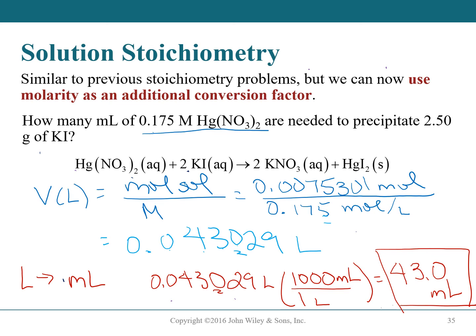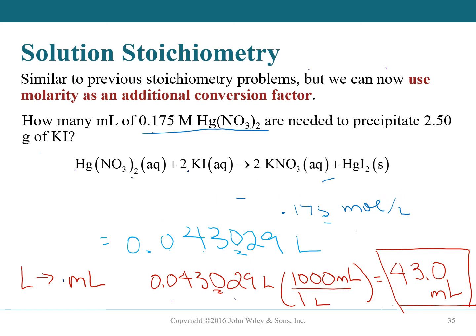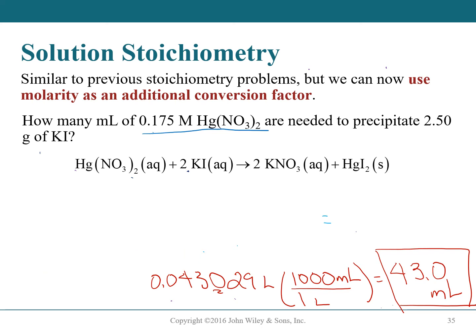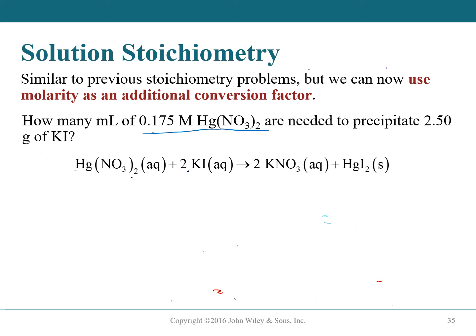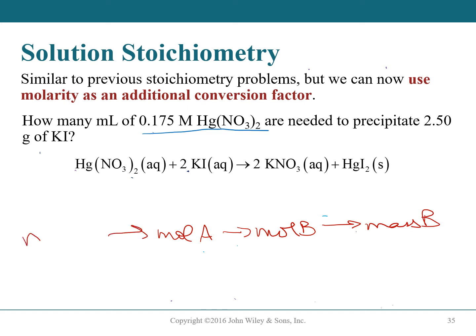Okay? Now bear in mind, when we do stoichiometry, before with chapter 9, we started with just masses, or we can do the number of atoms or molecules. Okay? So our solution map before, we had moles of A to moles of B, and then we went to mass of B. And we could have mass of A. And so we were using all our molar masses and our mole to mole ratio.